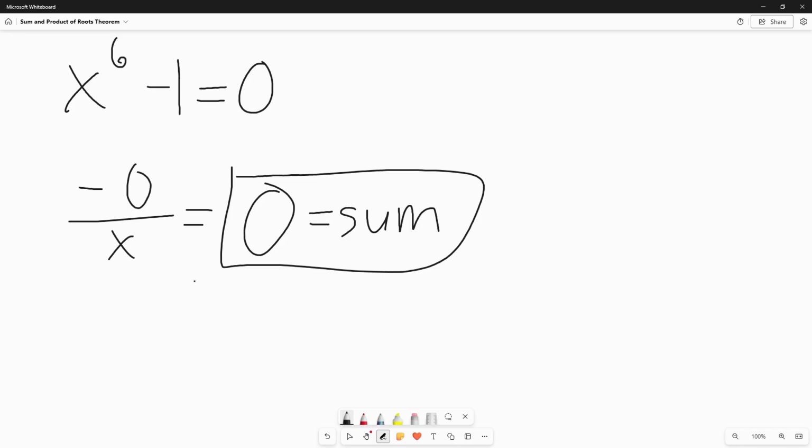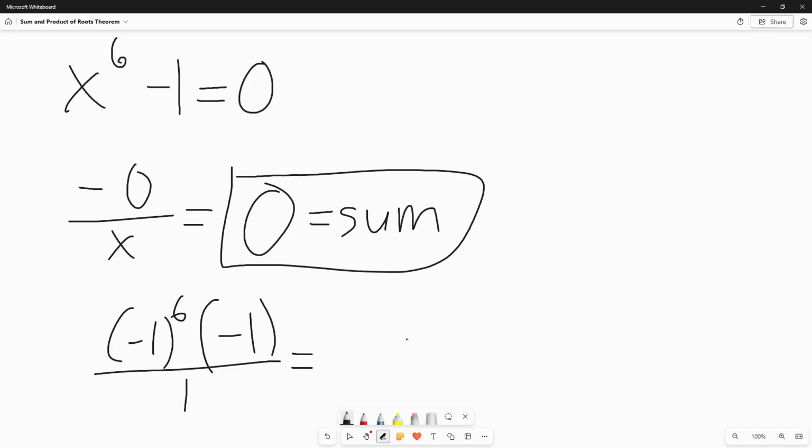Now let's find the product. First, let's do negative 1 to the power of 6, because x to the power of 6 is the first term, or the biggest term, times the last term, or the constant, which is negative 1. And have this all over the leading coefficient. Here it's not written, but it should be 1. Yeah, just 1 down here.